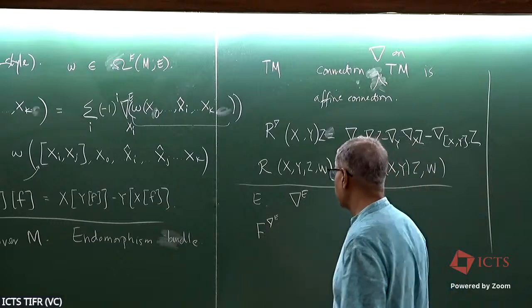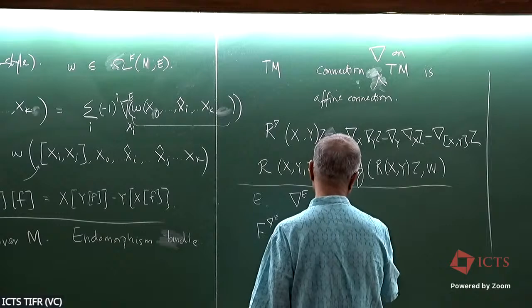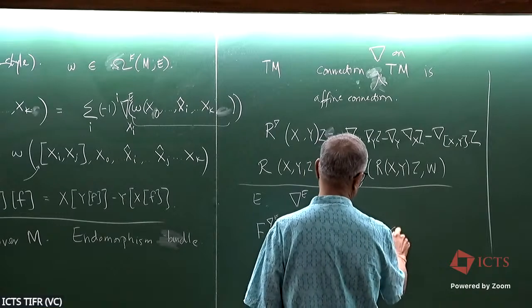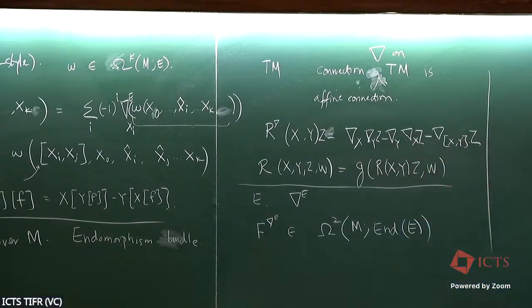So F is a 2-form which takes values in endomorphisms. Its definition is just d nabla squared.